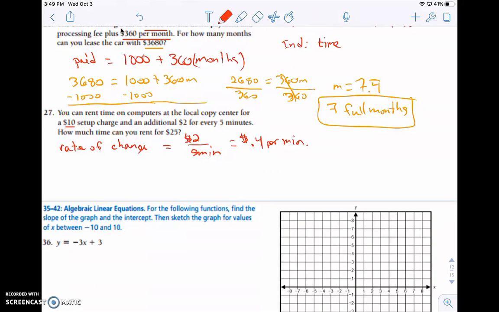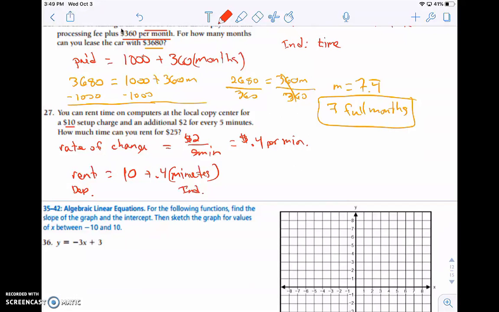And so then we want to find out how much can you rent. So the rent is going to be the starting amount of $10 plus 0.4, or 40 cents, times the number of minutes here. So this would be our model. Rent is our dependent variable, minutes or time is our independent variable.